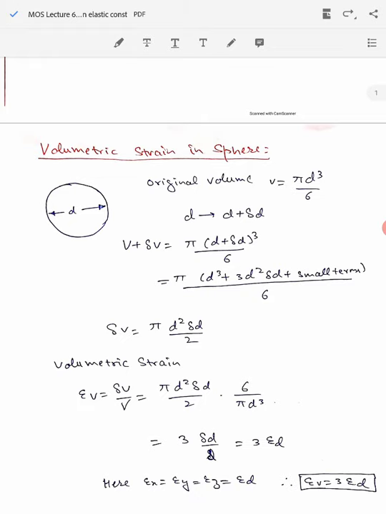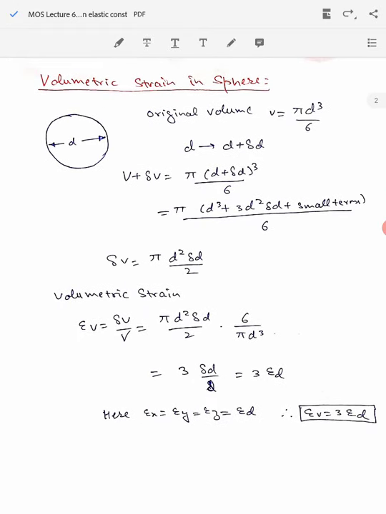We can also calculate the volumetric strain for the sphere. In the case of a sphere, we have the diameter d of the sphere, so the original volume is pi d cube by 6. The diameter gets changed from d to d plus delta d, so we get the final volume as pi times d plus delta d whole cube by 6. We will open up this expression from the a plus b whole cube form, that is a cube plus b cube plus 3a square b, and so on.